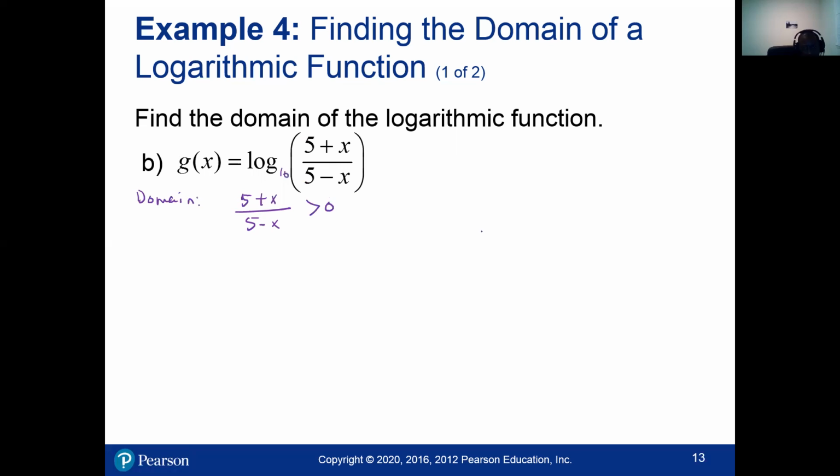So you have to find the zeros of the numerator, which in this case is -5, and the zeros of the denominator, which is positive 5.